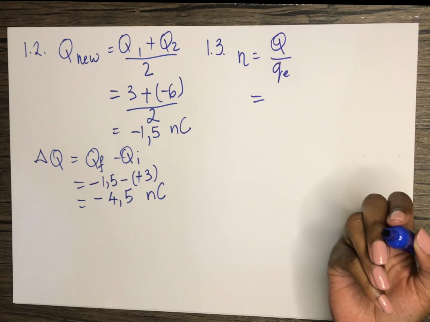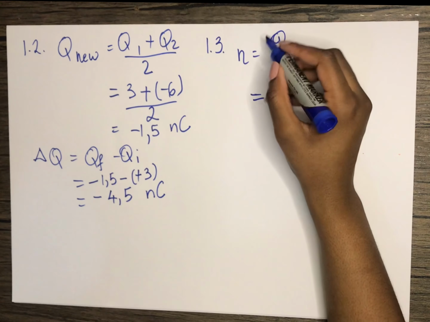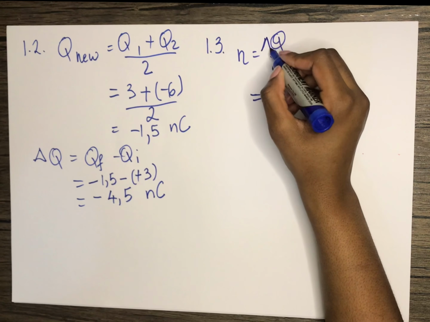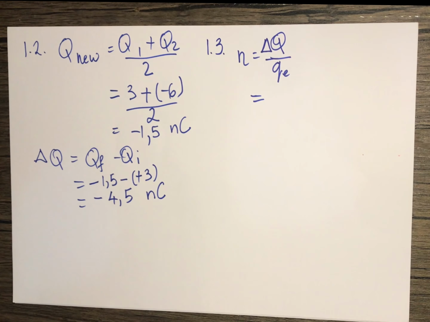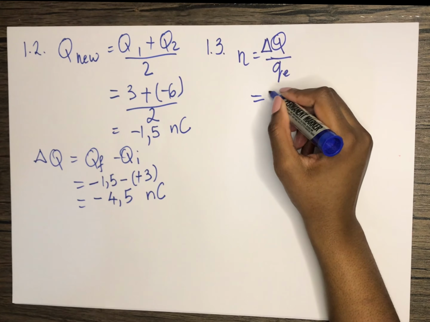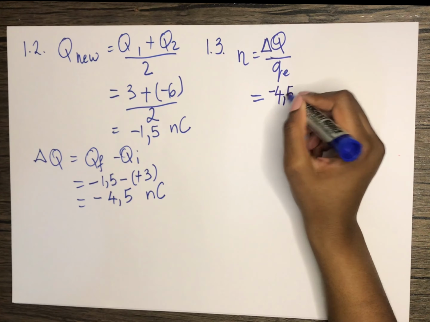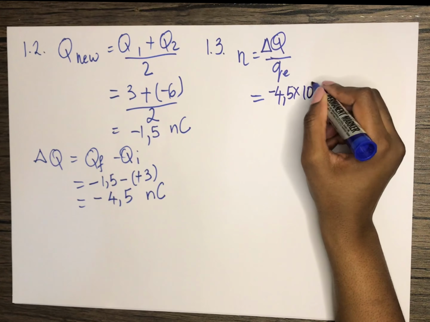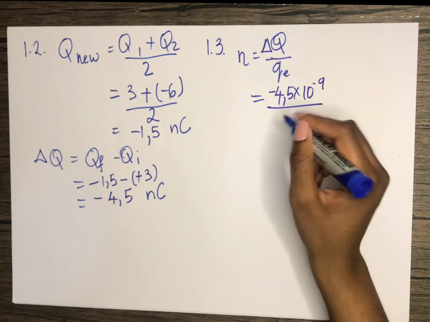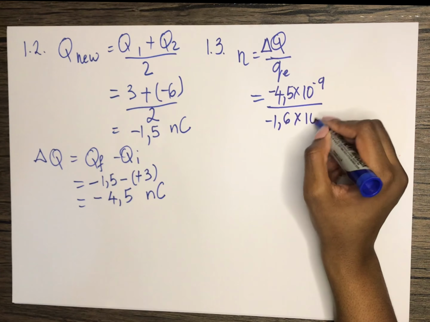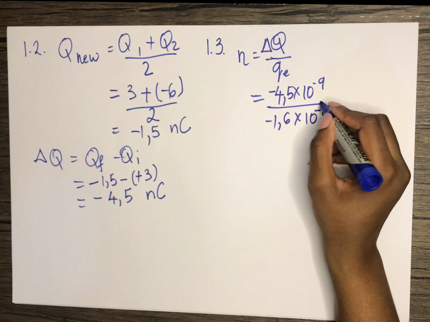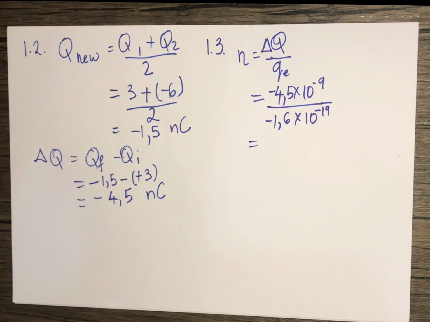If you substitute into this formula, you're going to be substituting your change in Q that you just calculated, because they said number of electrons transferred during the process, right? So you're going to have your negative 4.5 times 10 to the power of negative 9 and negative 1.6 times 10 to the power of negative 19, right?